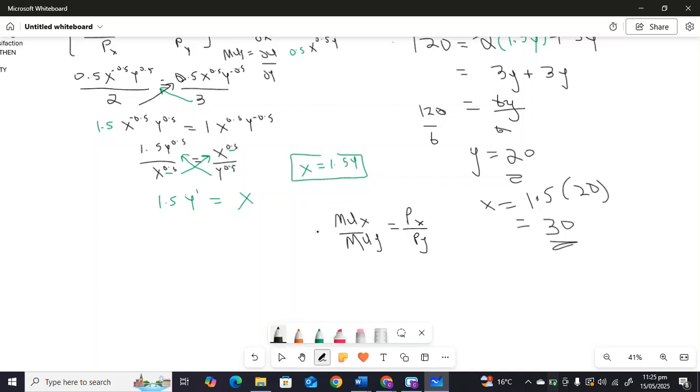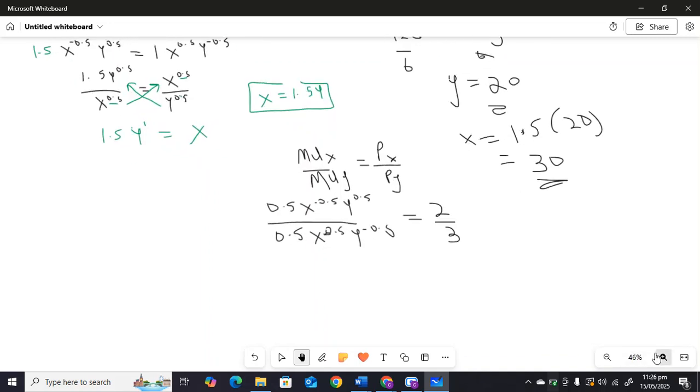Okay, and so we can also use this condition to get the optimal quantity for satisfaction for this person. If you remember, marginal utility of x was 0.5 x to the power negative 0.5 y to the power 0.5, divided by the marginal utility for y, which was 0.5 x to the power 0.5 y to the power negative 0.5, equals the price of good x, which was 2 kwacha, over the price of good y, which is 3 kwacha.